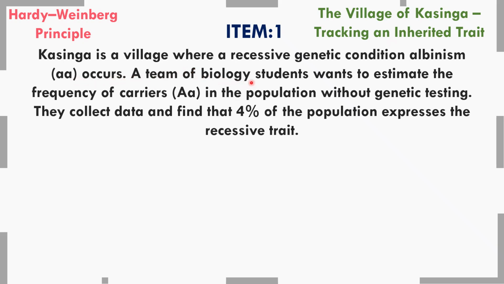A team of biology students want to estimate the frequency of carriers, capital A, small a, in the population without genetic testing. They collect data and find that 4% of the population expresses the recessive trait.